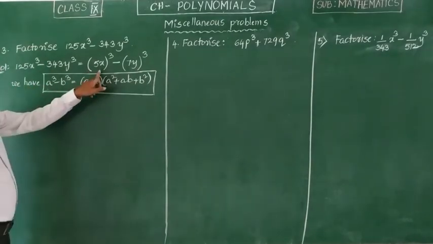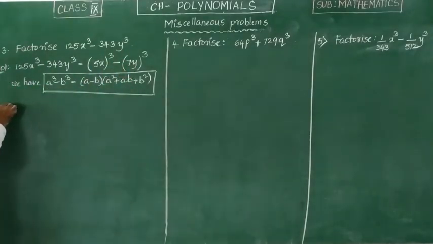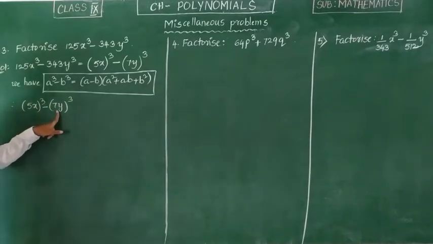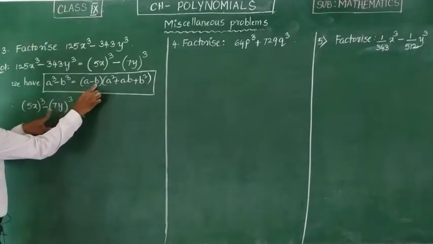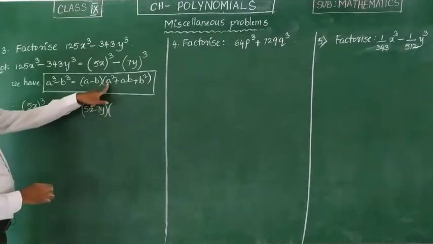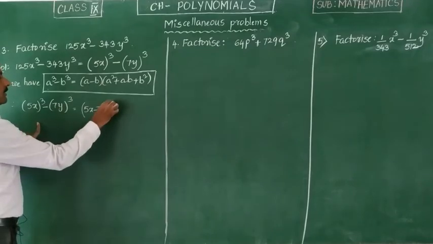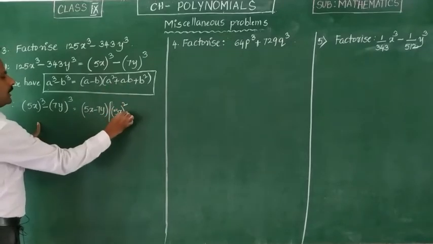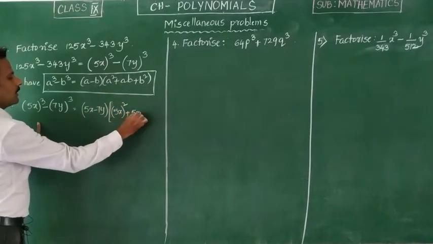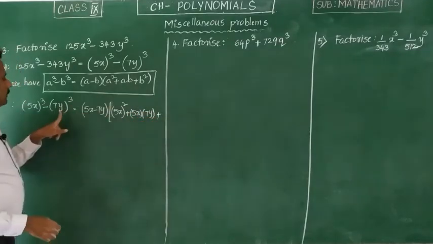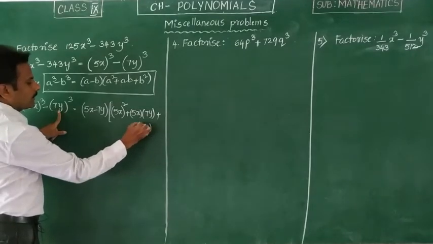So now (5x) cube minus (7y) cube. What is a here? 5x. What is b here? 7y. So it is a minus b, that means 5x minus 7y multiplied by a square, and a is again 5x, whole square, plus ab, 5x multiplied by 7y, plus b square, b is nothing but 7y whole square.